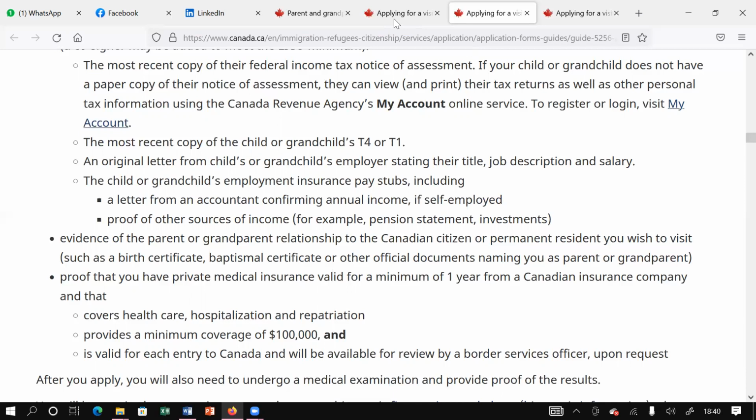It will be available to review by border services. So the private medical insurance has to be valid for minimum 1 year. That is another requirement. So first you get the medical insurance, then you have to wait for 1 year and then apply for the super visa.